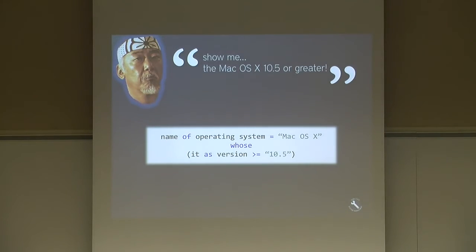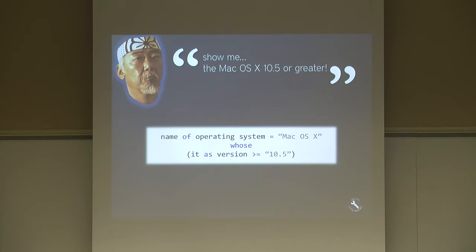So we're going to see here, you can use this to query things like your operating system. So in this example, we want to look at an operating system who is Mac OS and is greater than 10.5. So as you can see, it kind of follows the English language. The name of the operating system equals Mac OS 10. So can't get much easier than that.